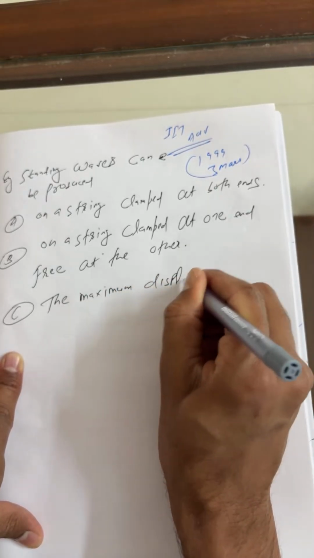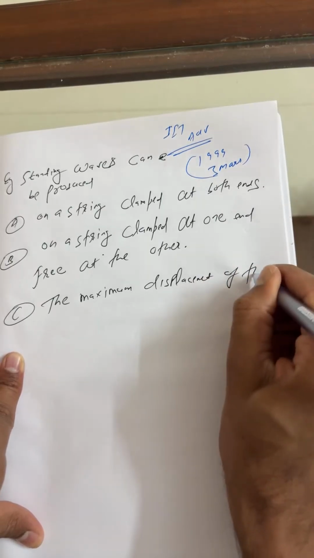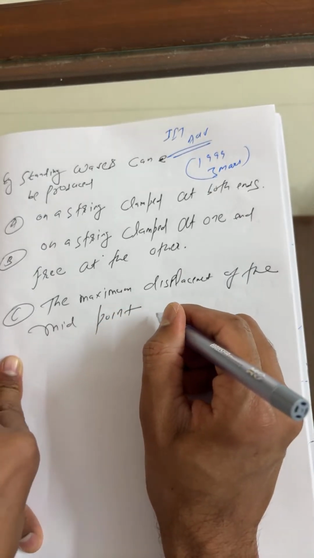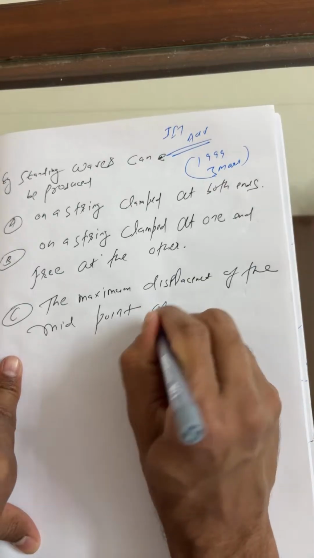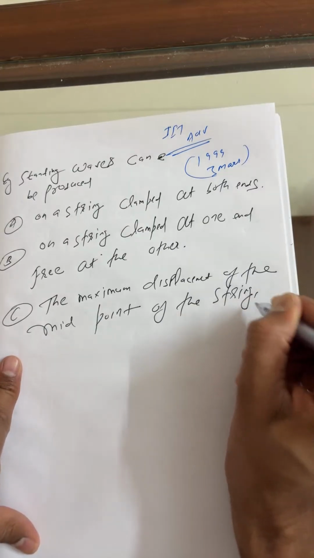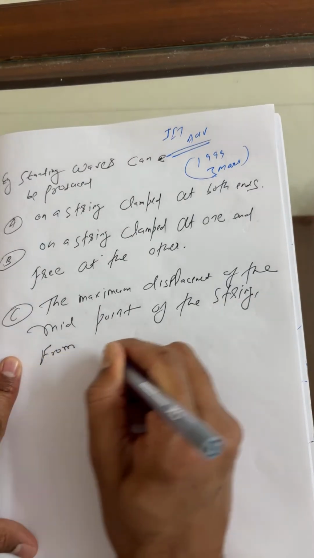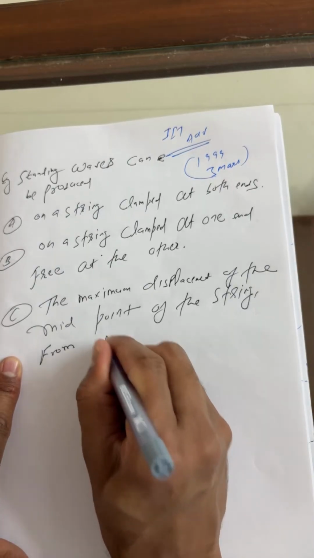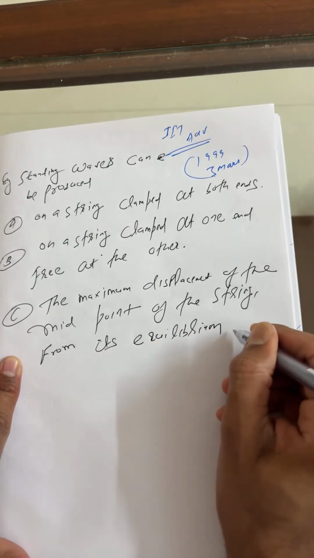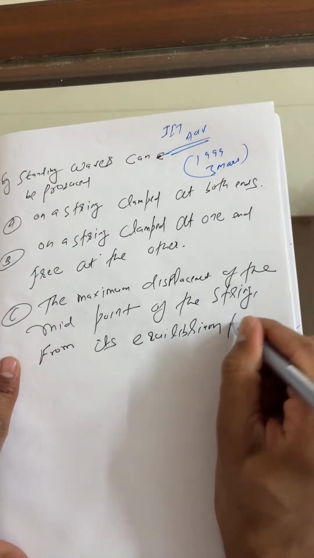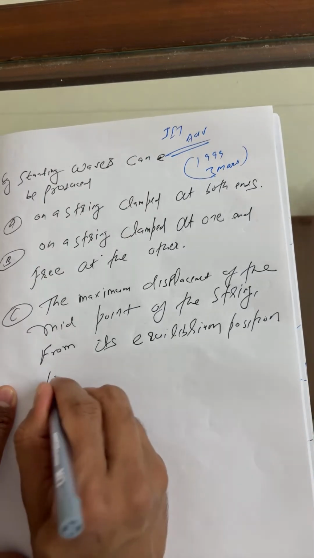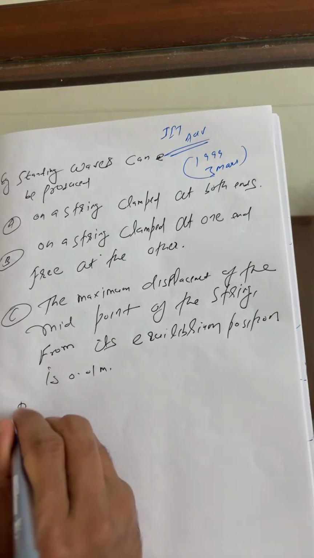Maximum displacement of the midpoint of the string from its equilibrium position is 0.01 meter.